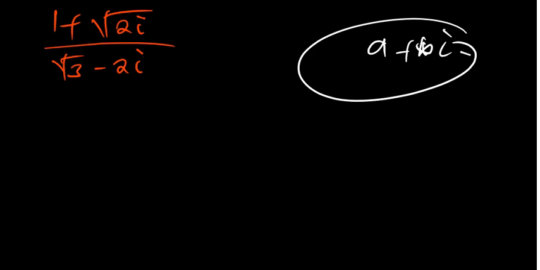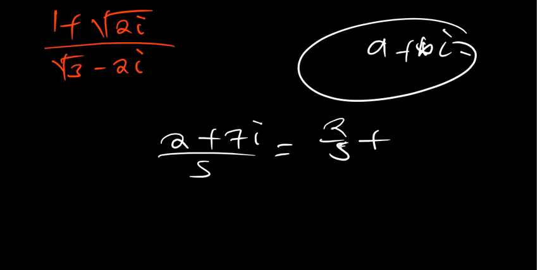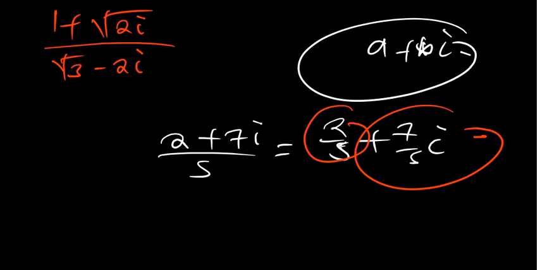For example, let's say you find 2 plus 7i, then divided by 5. This is supposed to be split into 2 over 5 plus 7 over 5, then you put i, so that you show that this is a and then this is bi. As simple as that.